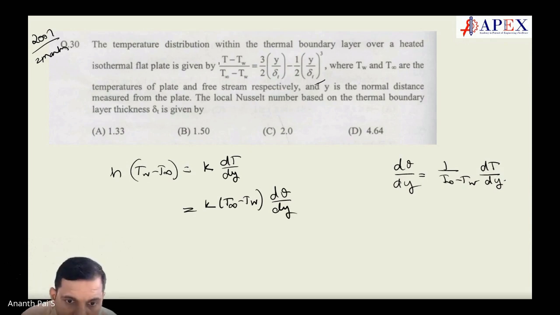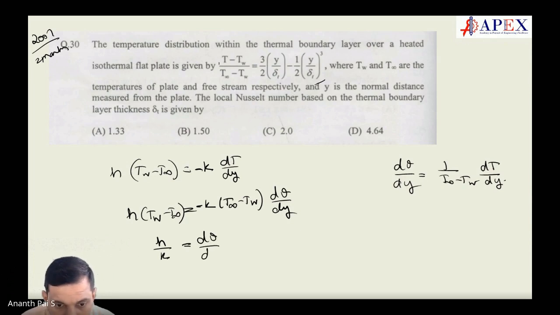D theta by dy is given here. Make sense? So here, this one is h into TW minus T infinity. Obviously, there should be a minus here, so because of that minus, these two cancel. And what you get is h by k is equal to d theta by dy at y equal to 0. This is all at y equal to 0.